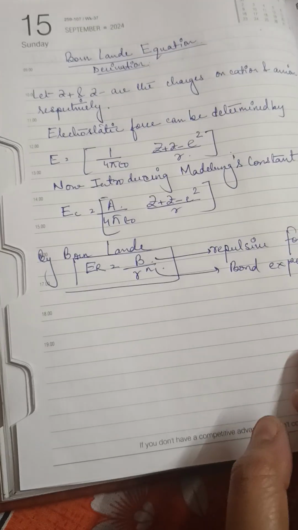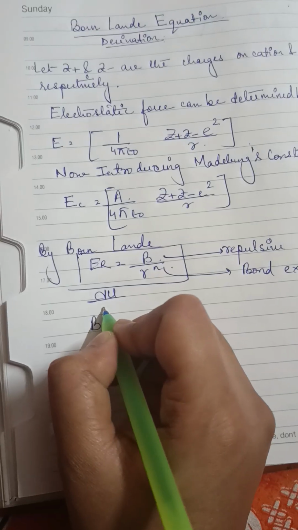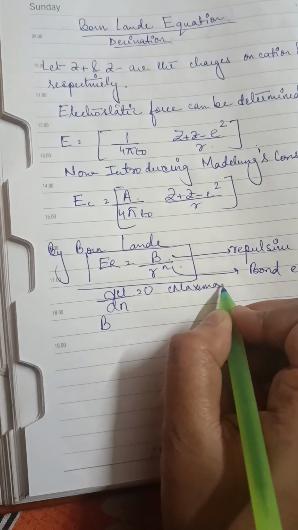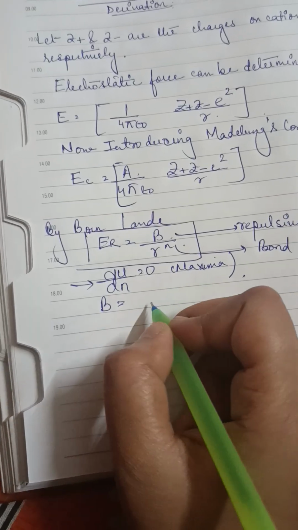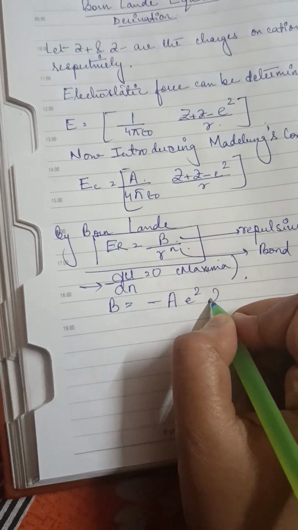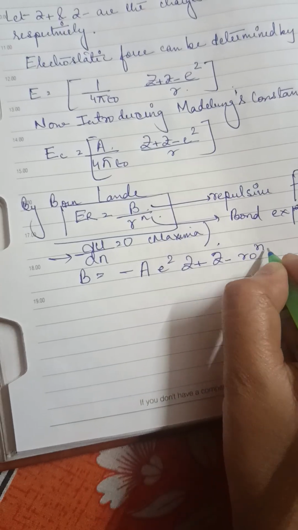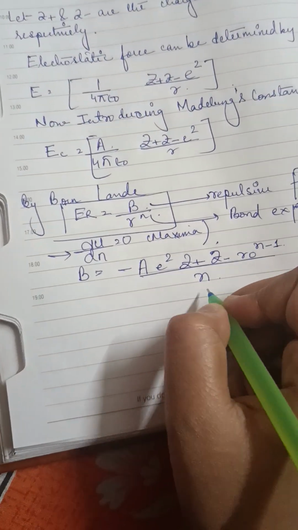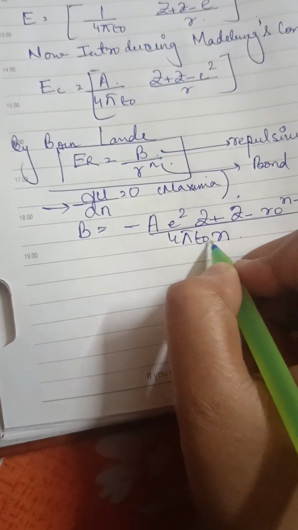Now let's write the value of B. We have to consider the maxima situation where dU by dr equals 0. Write it and leave it just like that. Now the B value is minus A e square Z plus Z minus r naught to the power n by 1 by n, 4 pi epsilon naught.